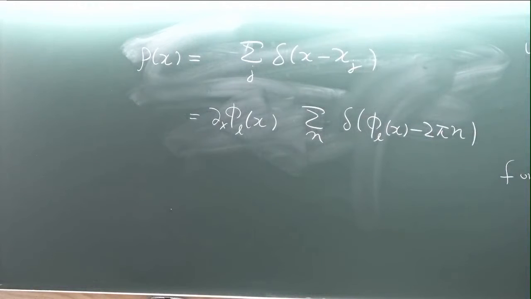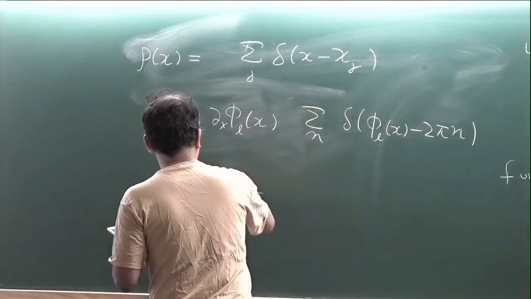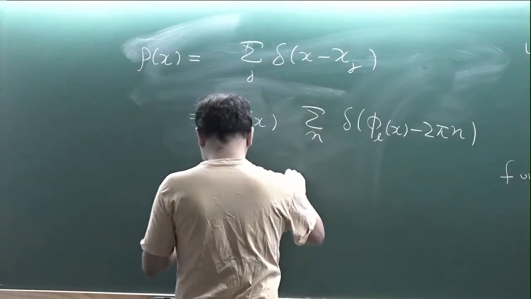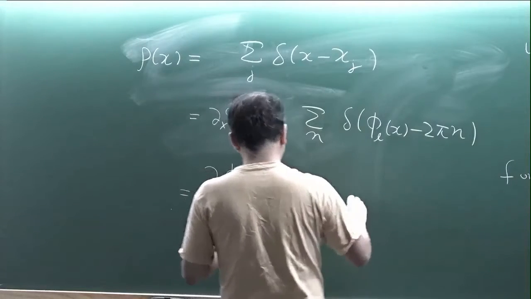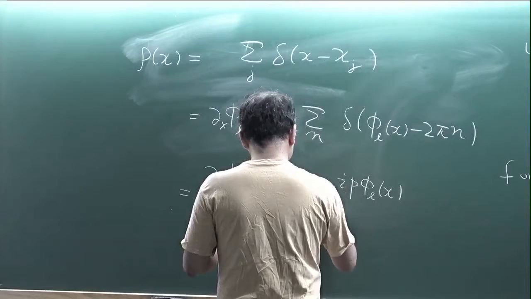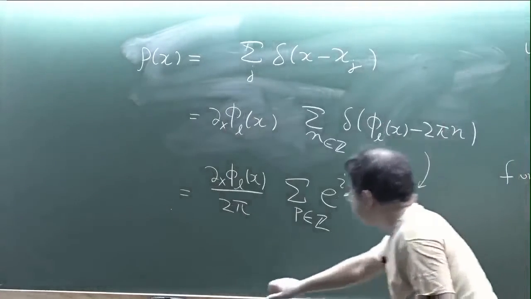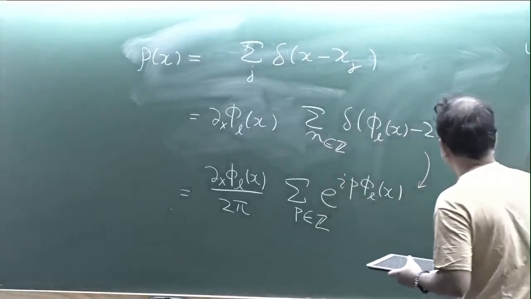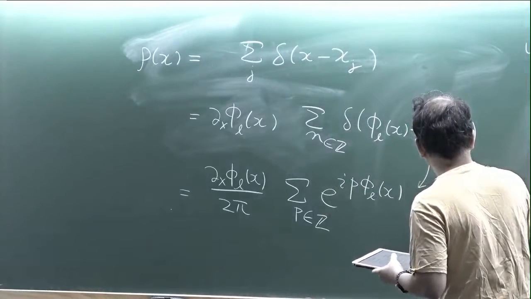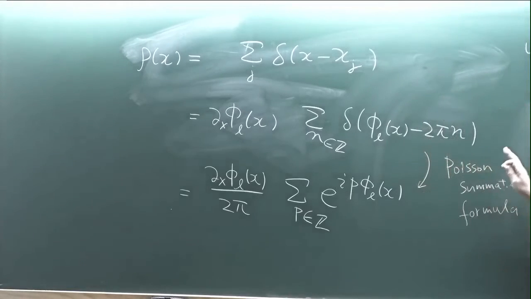And then this kind of sum of delta function can be rewritten using the so-called Poisson summation formula, which I think also high energy people, string people are familiar with.